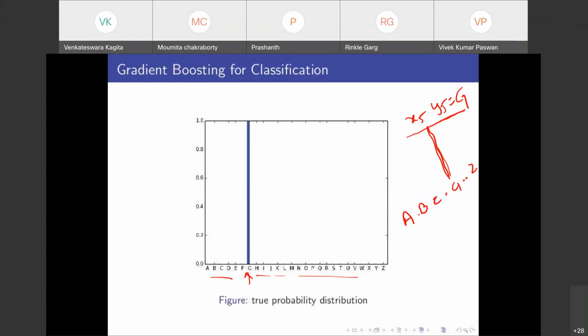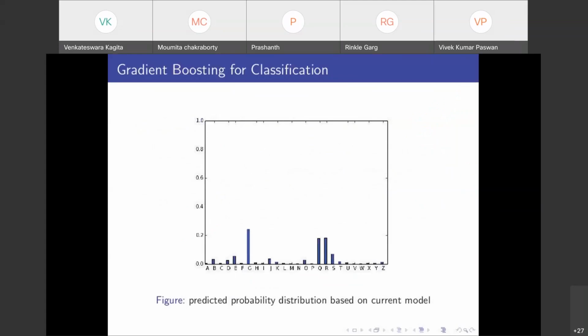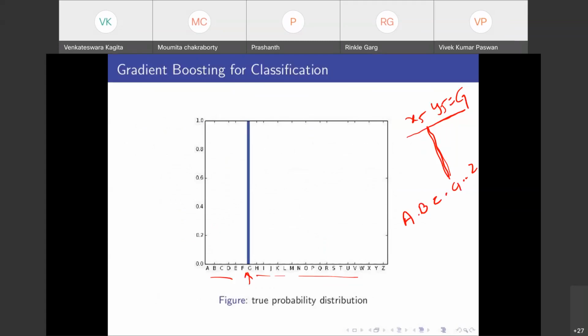That is why in one of the slides it is mentioned that gradient boosting for classification is a little more difficult than gradient boosting for regression. So just pay attention. This is the true probability distribution and this is the predicted probability distribution. According to the score functions, we compute the probabilities like this and we have got the predicted probability distribution as this. If you plot them, this is the predicted probability distribution, and this is the true probability distribution.